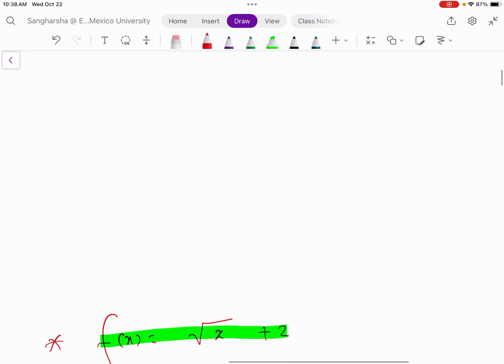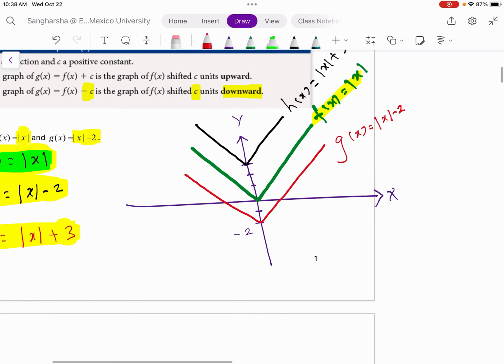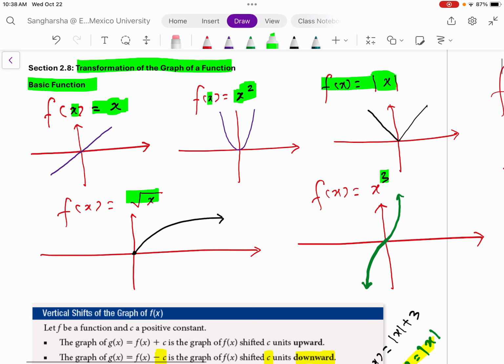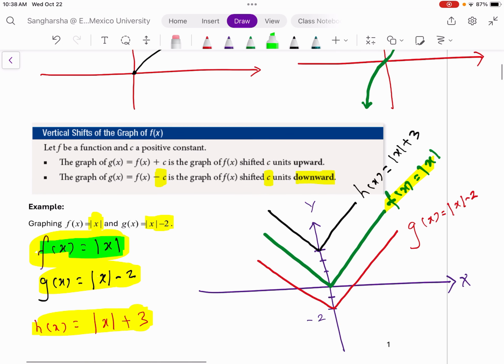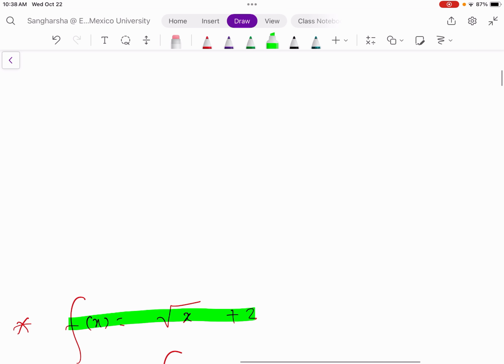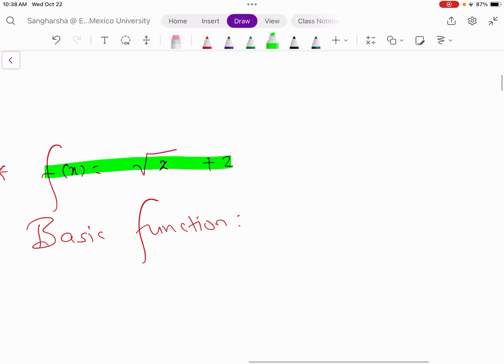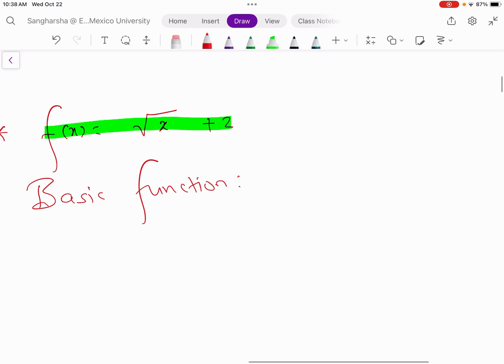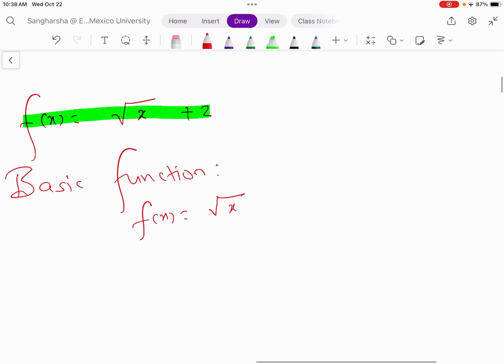So let's go back here. If we have a square root function, then our basic function is f of x equals square root of x. So let's write down that basic function. So first step is we have to find out the type of function, and once you have a type of function, you can know what is the basic function.